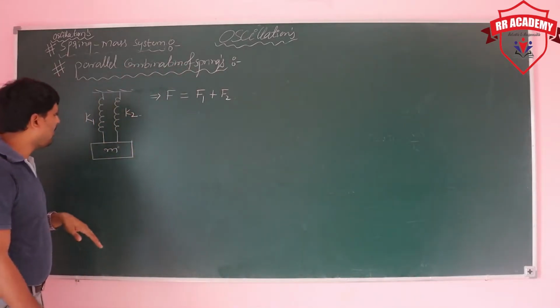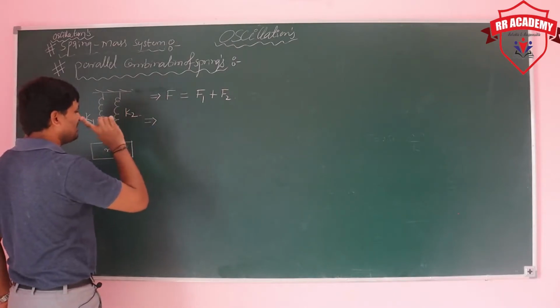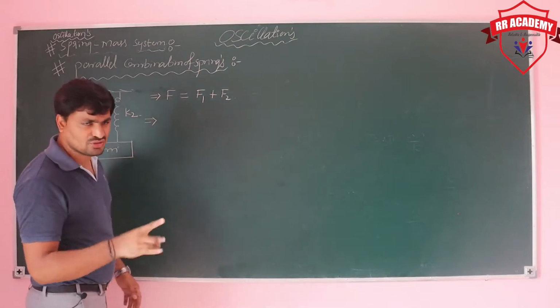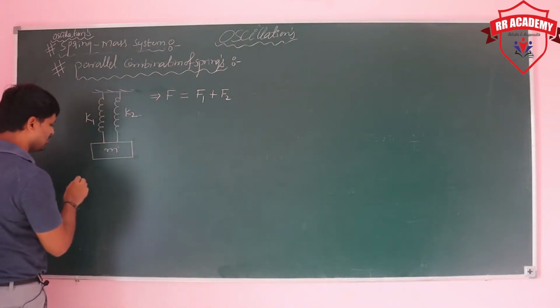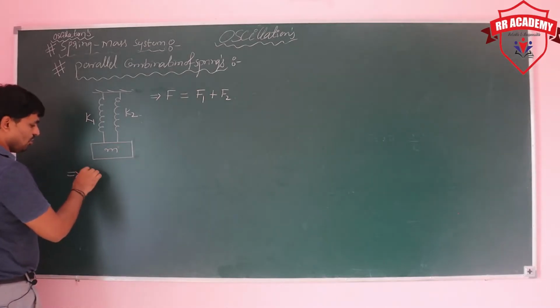So see here, what will happen? The extension in each spring is the same, so the total extension is the same. In a parallel combination, all springs are extending equally.